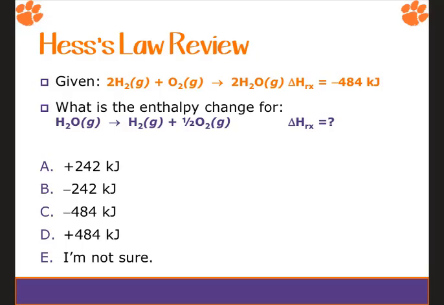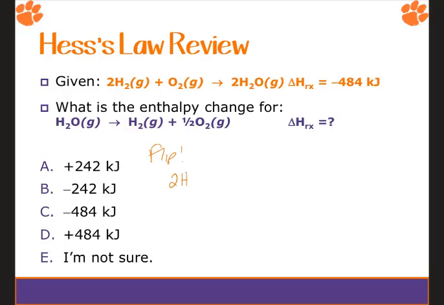So, again, look at your step reaction, see what you have, see where it needs to be. You should notice that where we need water to be is on the reactant side, and in our step reaction, we've got it on the product side. So the first thing we have to do is flip our reaction.